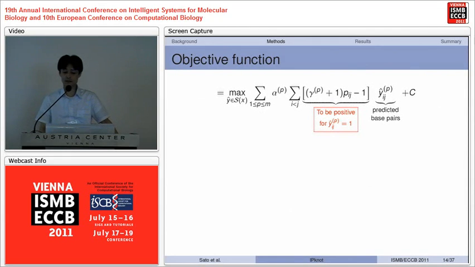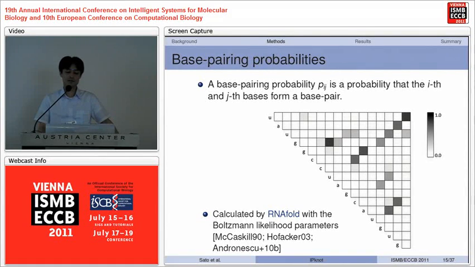Then the objective function can be transformed into this formula, which includes base pairing probabilities Pij. Base pairing probability Pij is the probability that the ith and jth bases form a base pair. This is an example of the base pairing probability matrix for the sequence at the diagonal.